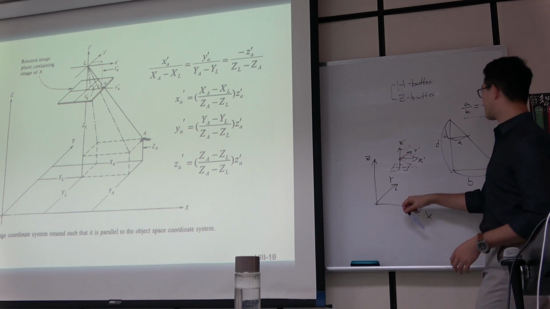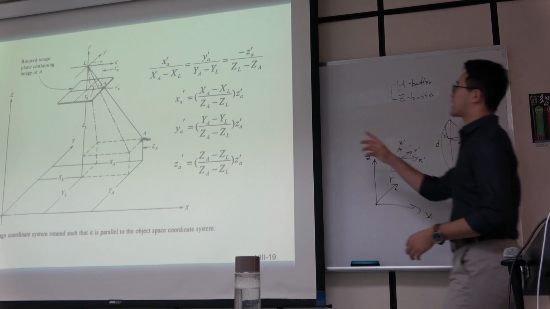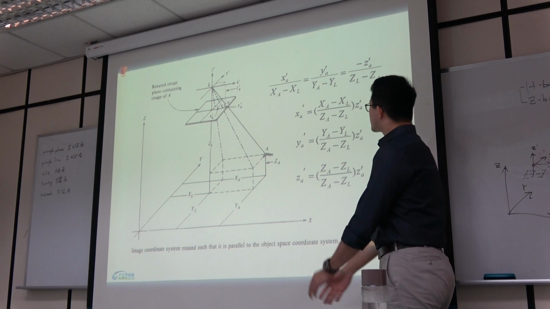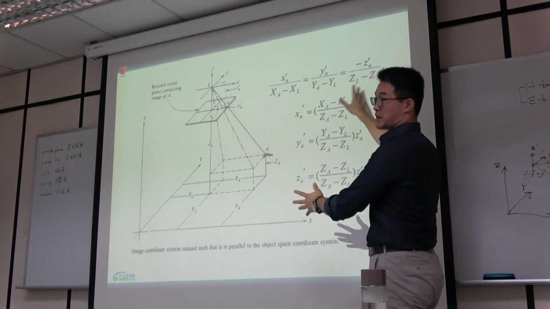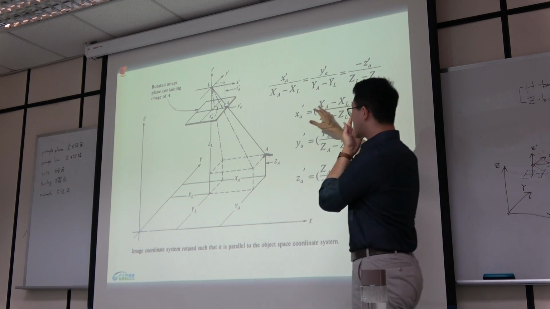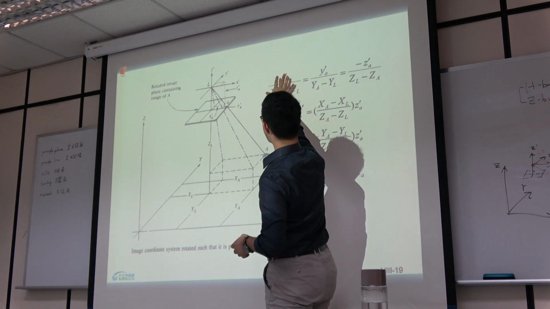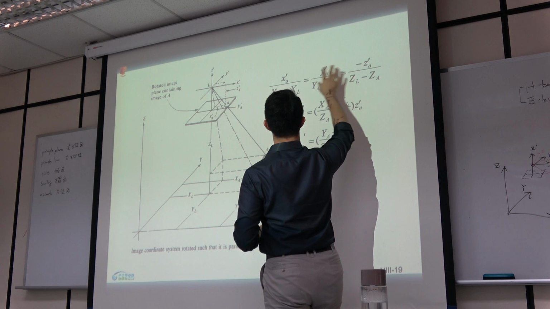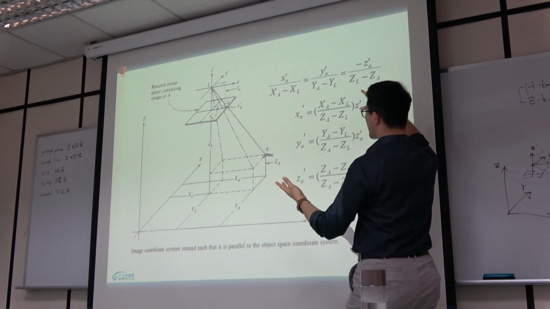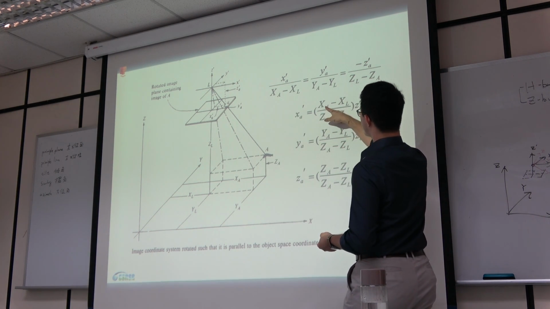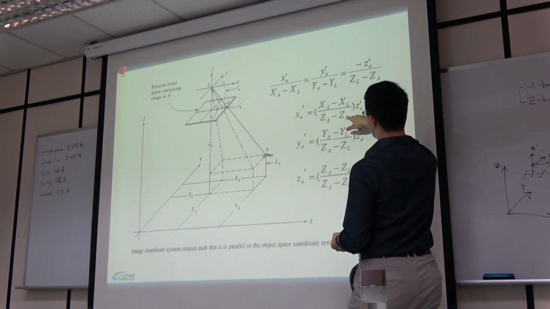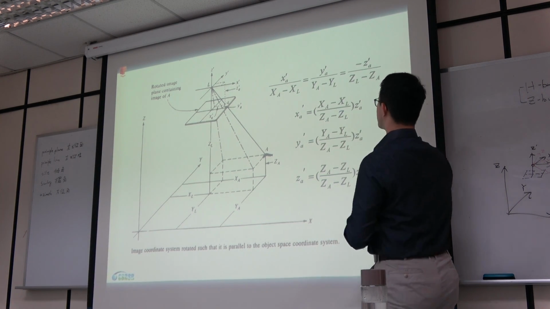So in this case, with this, then we can have this equation. After some adjustment, if we only take a look at the x coordinate ratio with the z coordinate ratio, then we can rewrite it as xa plot equals xa minus xl divided by za minus zl, and then multiply the za plot.